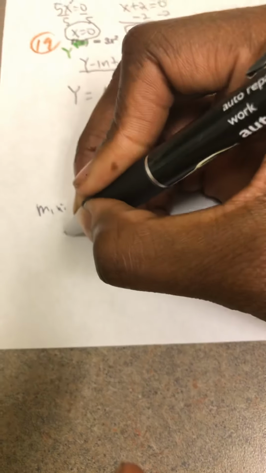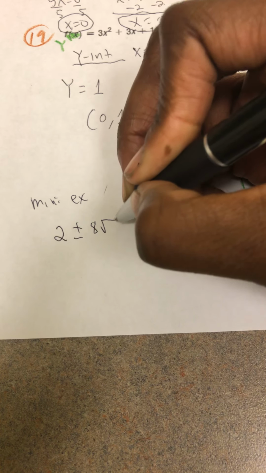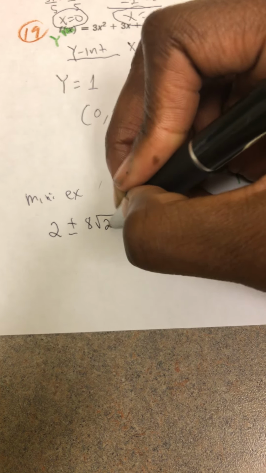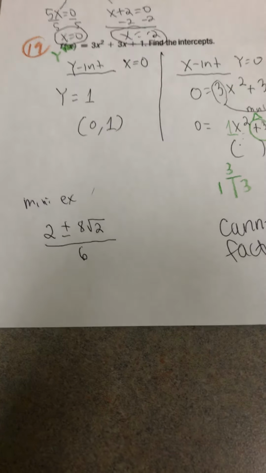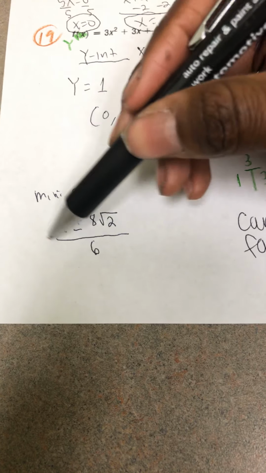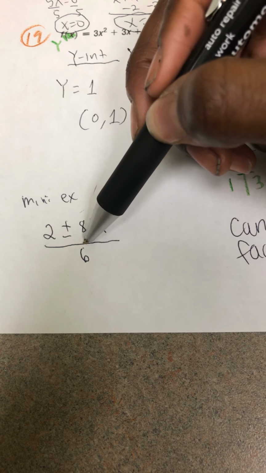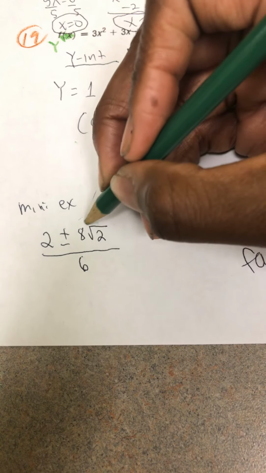Just to give you guys a mini example of that, let's say it said 2 plus or minus 8 square root of 2 divided by 6, okay? So again, we have 3 parts. We have the 2, we have the 8 square roots of 2, and the 6, okay? You leave this square root of 2 alone.